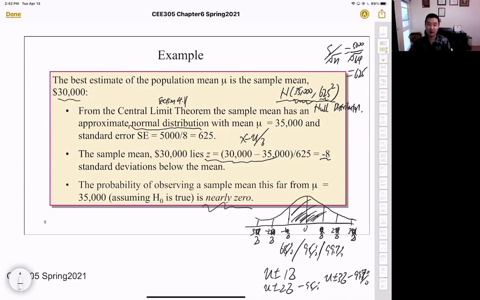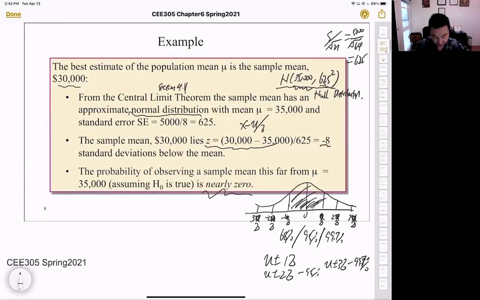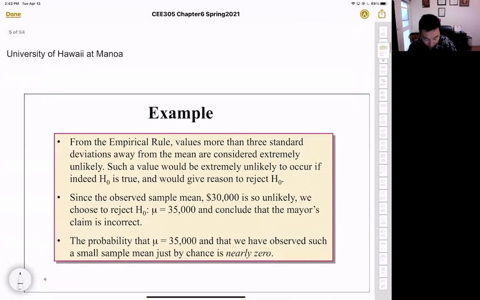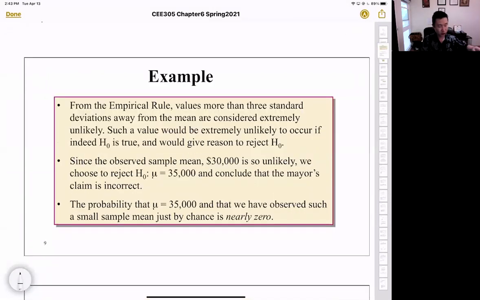Minus 8 sigma. And then we can claim the mayor's claim is false, and H1 will be true.